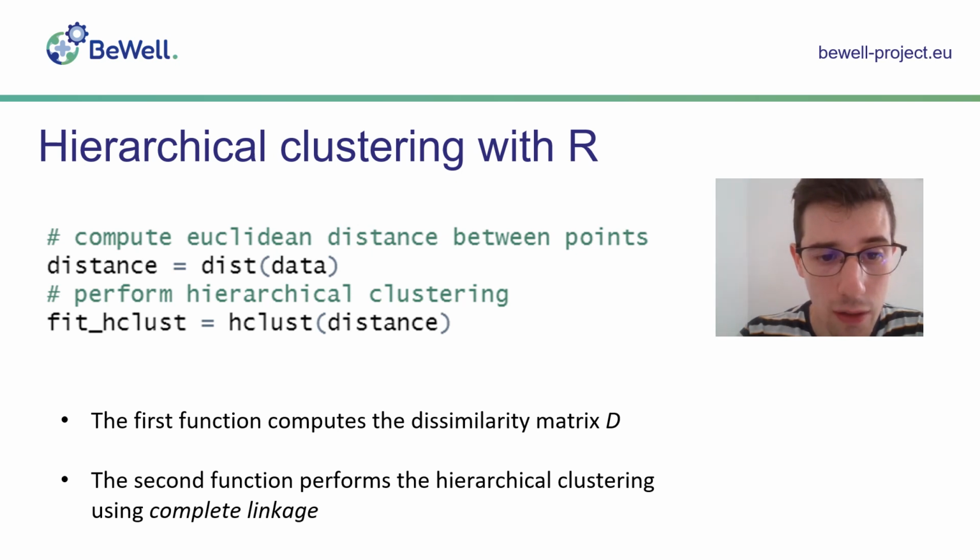We save the returned object in a matrix named distance, which is indeed the only input we need to provide to the hclust function. That is the function that performs hierarchical clustering. We run this function and save its output object in a variable named fit_hclust.